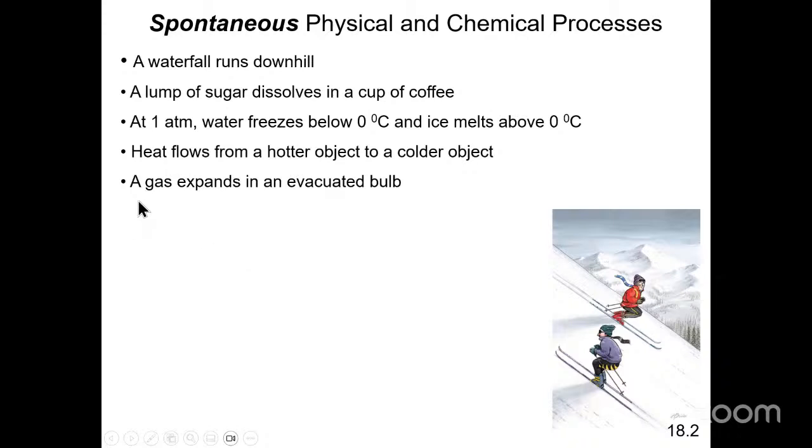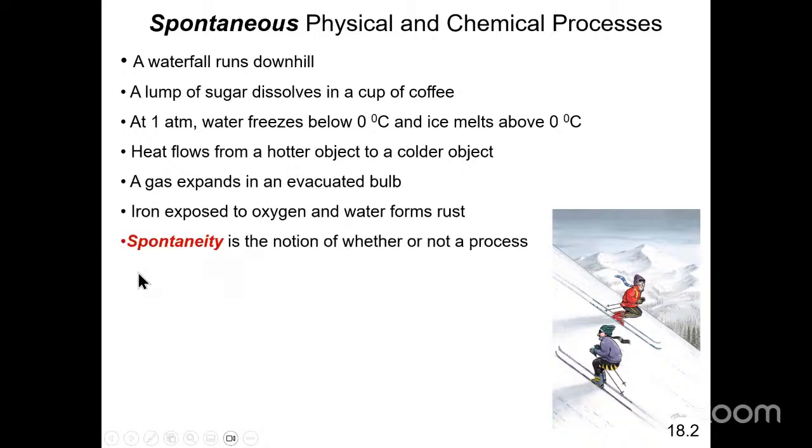A gas expands in an evacuated bulb. Again, that's another example of a spontaneous process. Iron exposed to oxygen and water forms rust. That's a chemical example of a spontaneous process. So spontaneity describes a situation where a process will occur unassisted, all right?